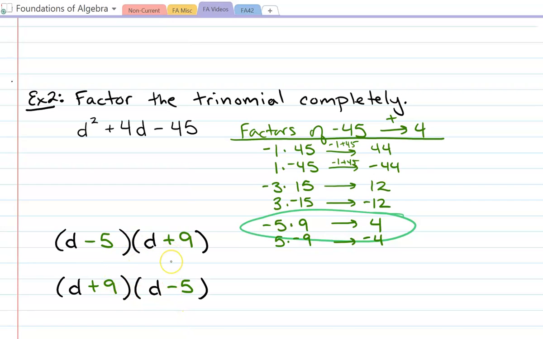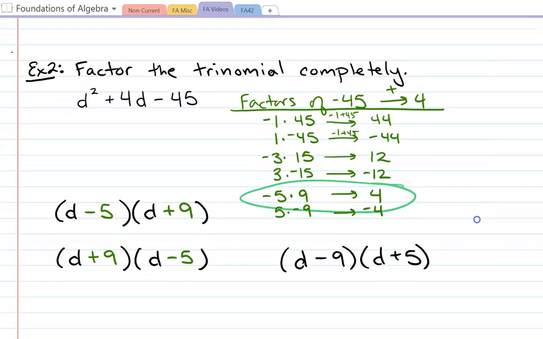Mathematically, they are identical, so the order of the parentheses does not matter, but the signs do. d minus 9, d plus 5 is different.